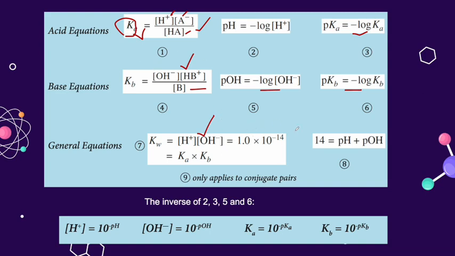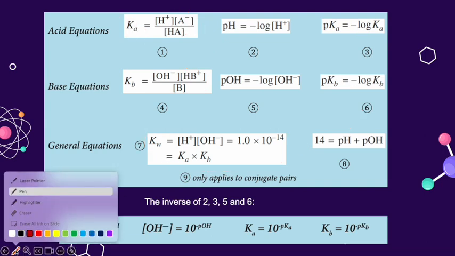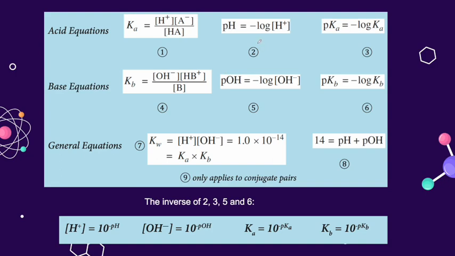So I would not expect you to know this 1.0 times 10 to the power negative 14, but I expect that you would absolutely know how to do this. And that pH and pOH make 14. Also, the inverse of 2, 3, 5, and 6 are these values.